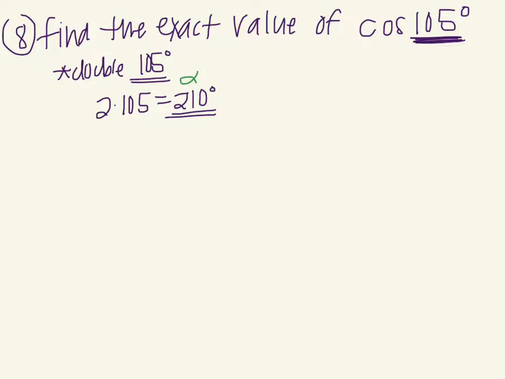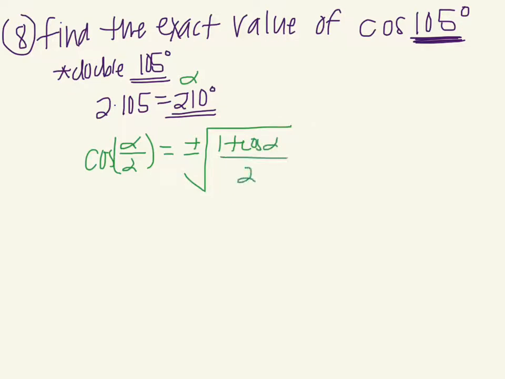So if you look at the formula sheet, cosine of alpha over 2 is equal to plus or minus the square root of 1 plus cosine alpha divided by 2.